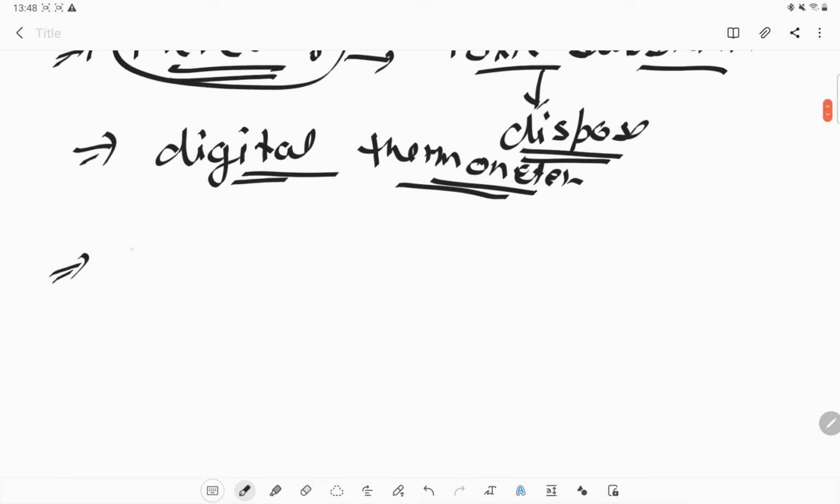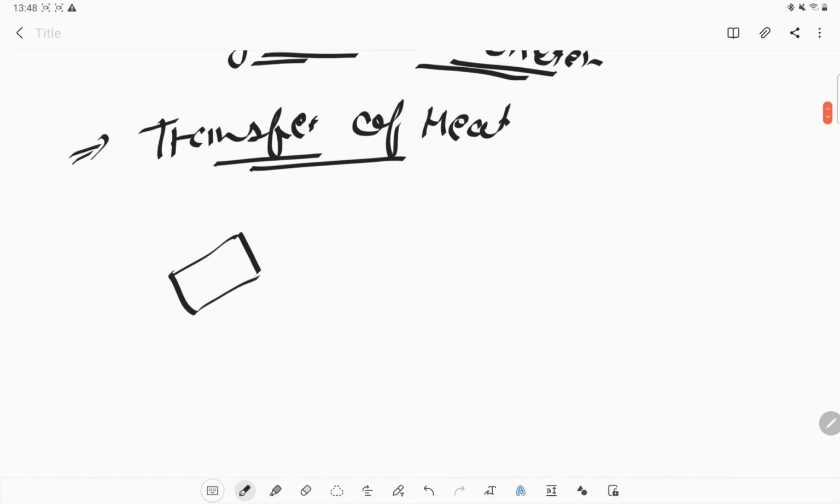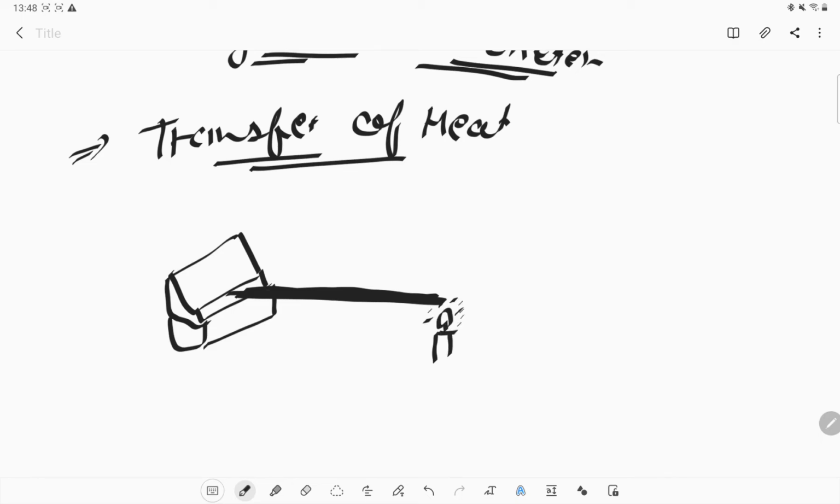Okay, now how does the transfer of heat take place? Let's take an example. We take two bricks, this is one brick and this is the other brick, and we put a rod between these bricks so that the rod stands here. Now we are putting a candle, and the candle is burning, and we have put some wax on the rod.